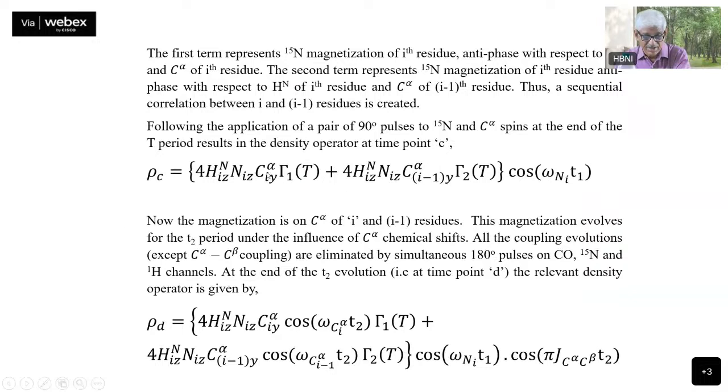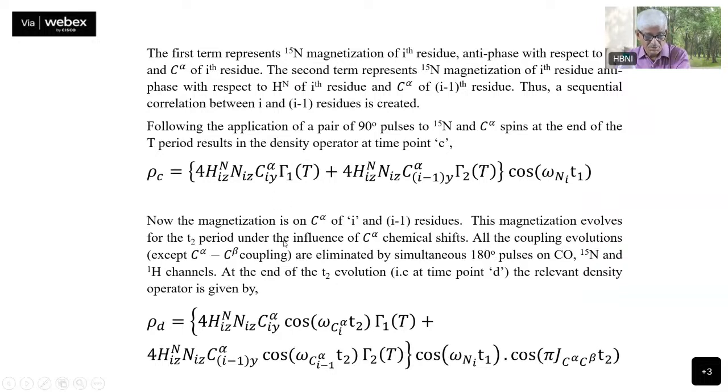Y means it is the transverse magnetization of C alpha. And now they are antiphase with respect to both the amide proton and nitrogen because these are HIZ and NIZ. This portion remains the same, but of course you get these coefficients as in the previous. These are time dependent. This will depend upon the value of T.